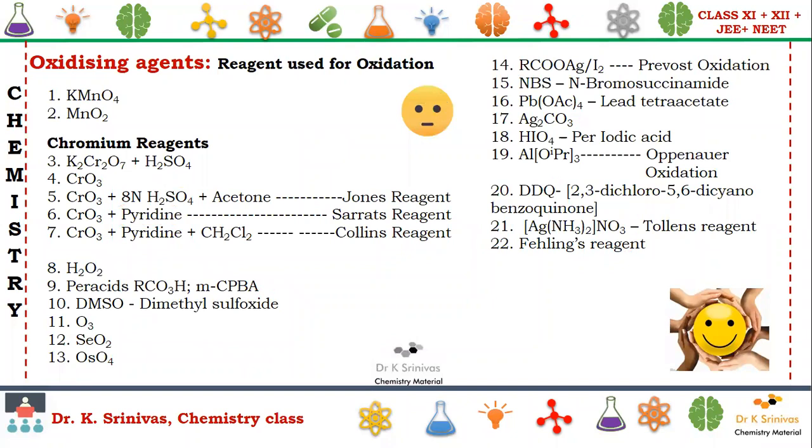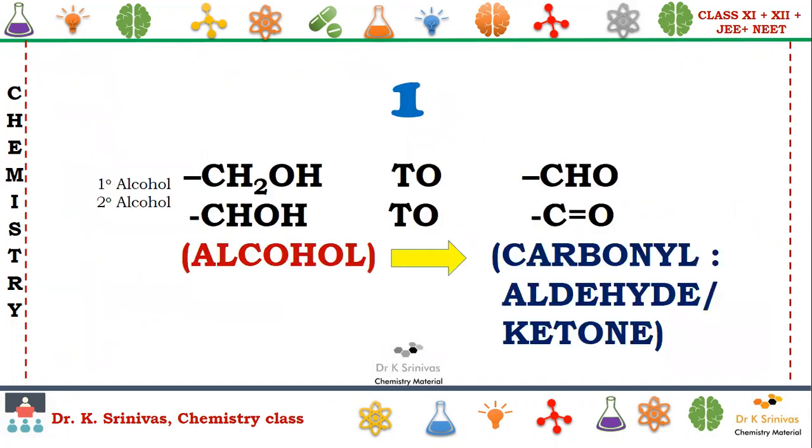Now, students, we'll discuss them in a proper systematic manner. I'm going for the first one. Don't worry. Now let us understand what it is. Primary alcohol or secondary alcohol can be converted into the corresponding aldehyde or the corresponding ketone.